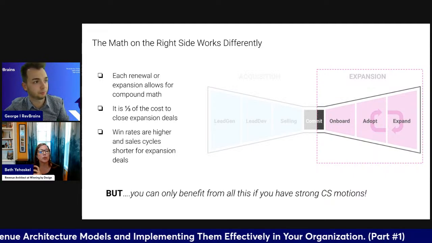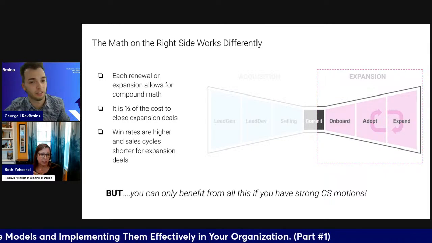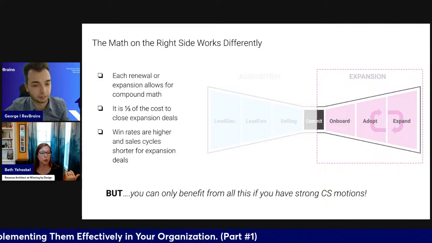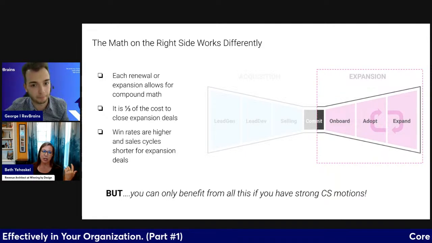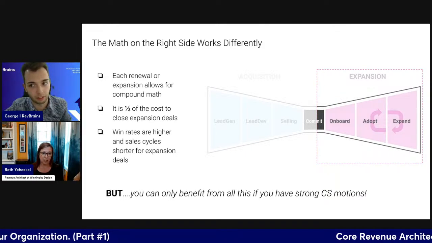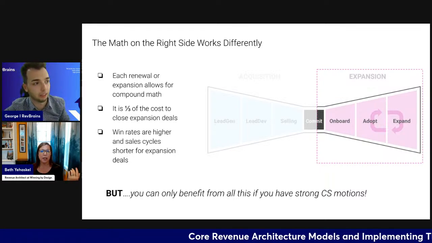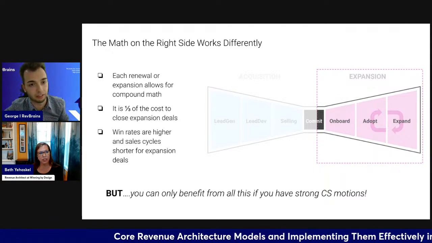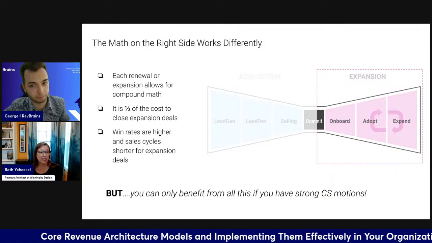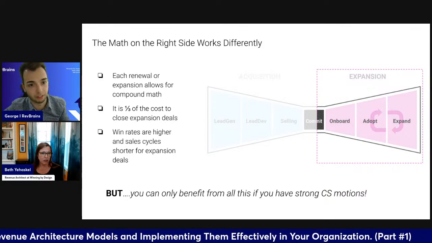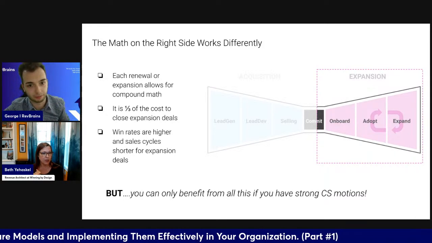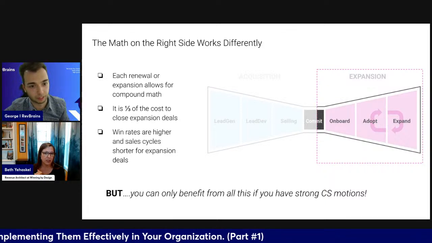It is far cheaper to close expansion deals and to retain existing customers than it is to acquire new ones. So in a time like this, where companies are watching every penny and acquisition is slowing, lean into your retention and expansion of those existing accounts. And note that win rates and sales cycles also tend to be shorter for expansion deals.